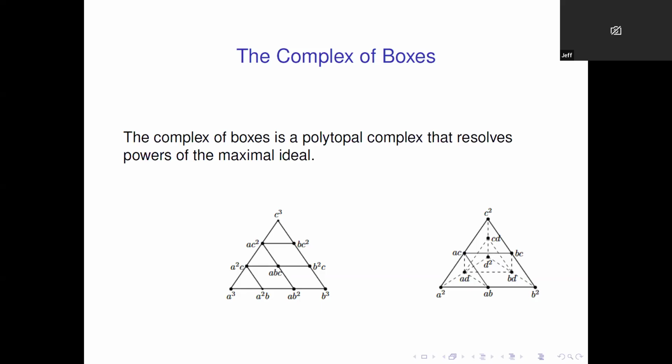In four variables, you chop the simplex up, and what you are seeing is along the edge from A squared to D squared, there are three simplices, and then there are also two triangular prisms. Again, if I could have drawn a higher power, we'd see more cubes to justify the name complex of boxes.